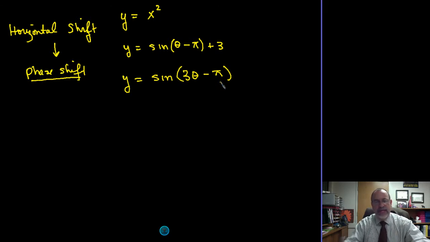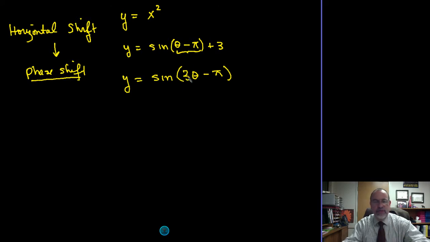In actuality, I can't really see for sure what the shift right or left is as long as this value is in front of theta. In other words, in order to see the shift like I see it here, the value in front of theta has to be a 1. So because it's not a 1, I must algebraically make it a 1.